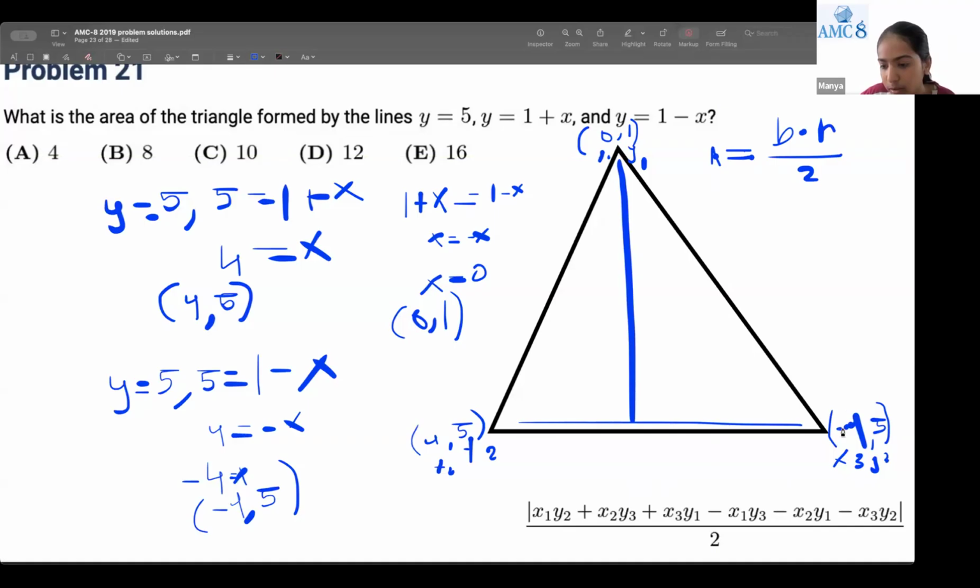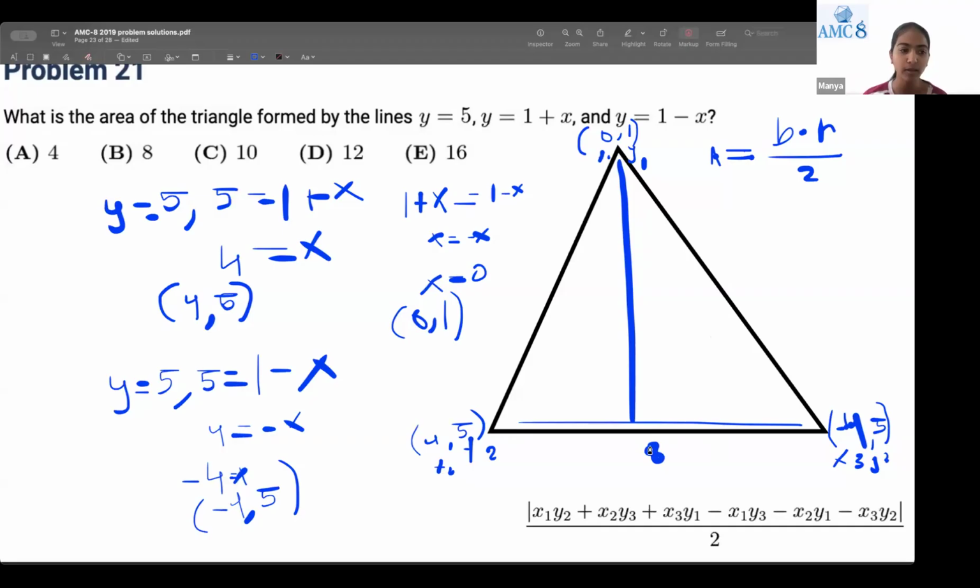So this is negative 4. We know that the values of y are the same, so we'll have to know the distance between 4 and negative 4 on a number line. So it's going to be negative 3, negative 2, negative 1, 0, 1, 2, 3, 4. It's going to be 8. And so the base will be equal to 8.